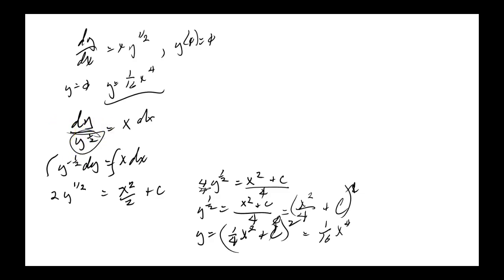And of course, this would preclude that because you can't divide by that. So that's where you lost the trivial solution. However, if you plug it back in, y is equal to 0 works when x equals 0.